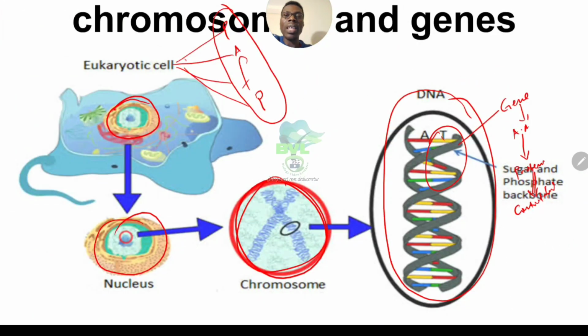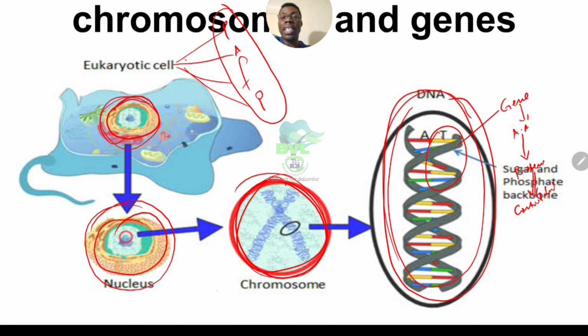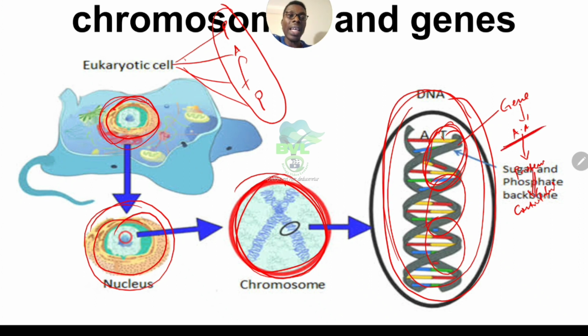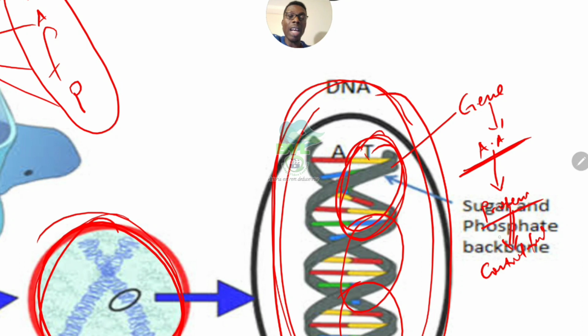Now, can you see that sequence from the nucleus that contains the chromosome, that within it we have DNA coiled, and if you take a segment of this DNA, this segment is a gene which codes for a particular amino acid, and when you put those amino acids together, it forms protein, and protein controls character.